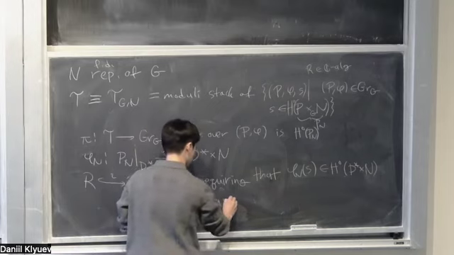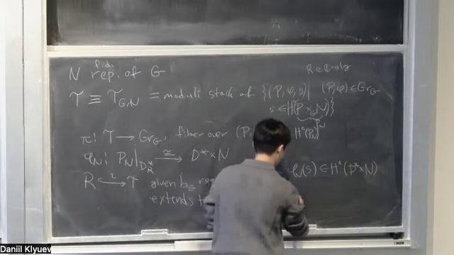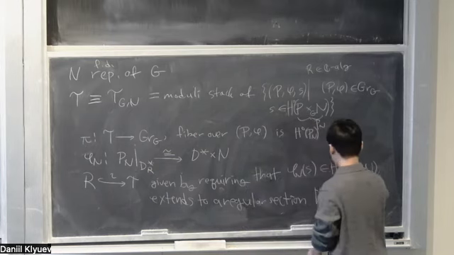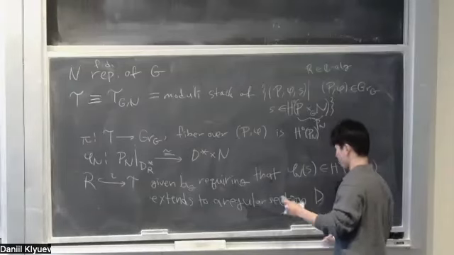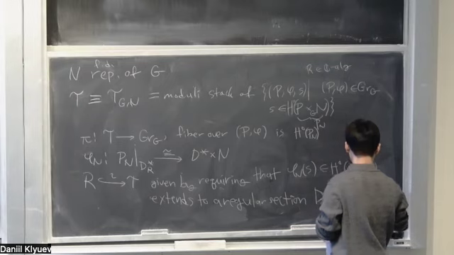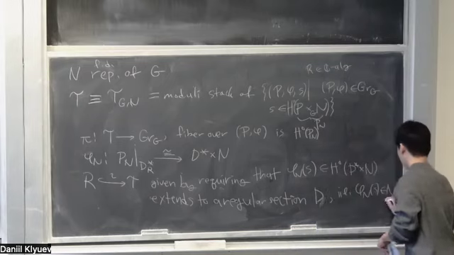A regular section for the entire disk D. And that's equivalent to saying that this is in O rather than just NK.